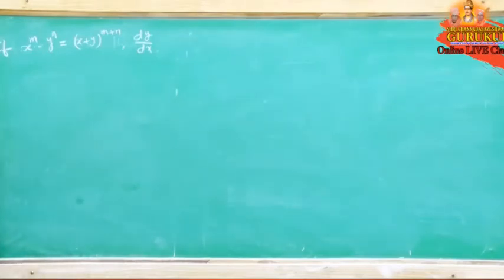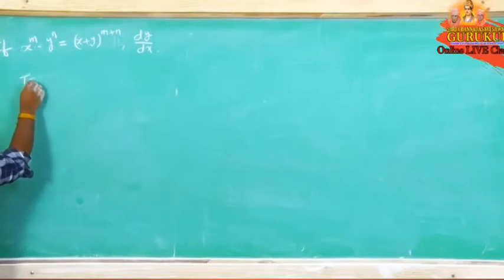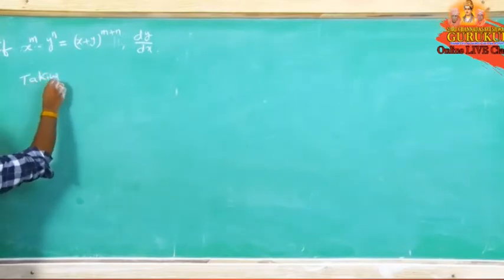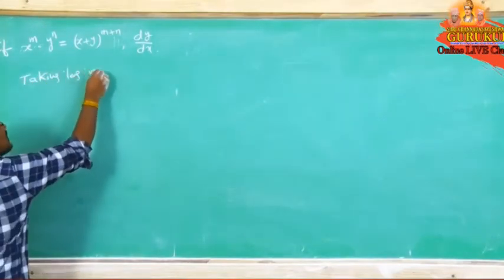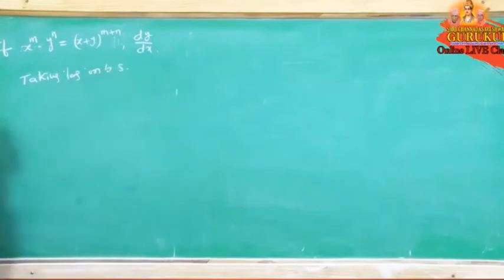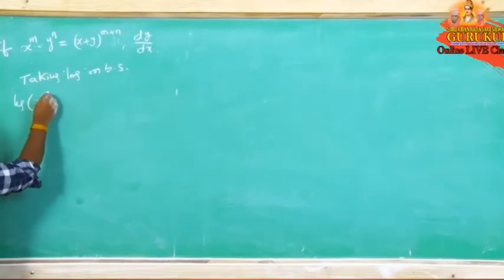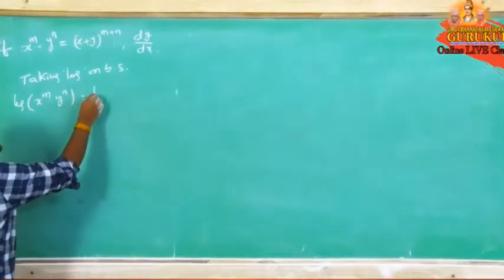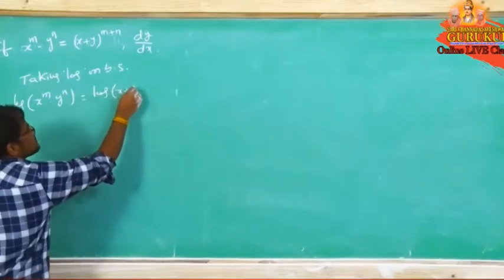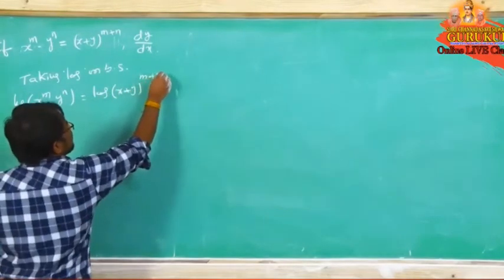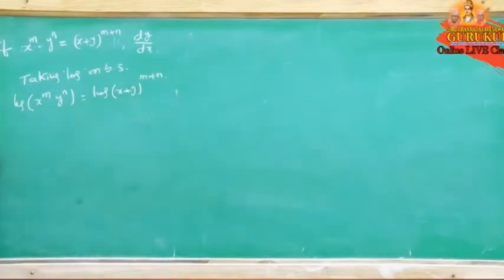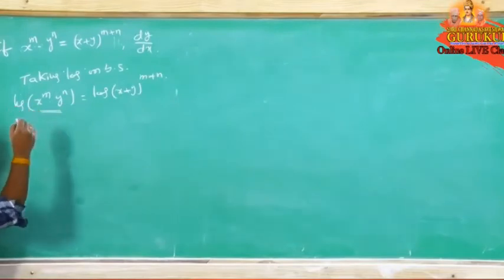How to take the steps for this one? First of all, we have to take log on both the sides. So, log of x power m into y power n equals log of x plus y whole power m plus n. Here we use the log of a into b formula.